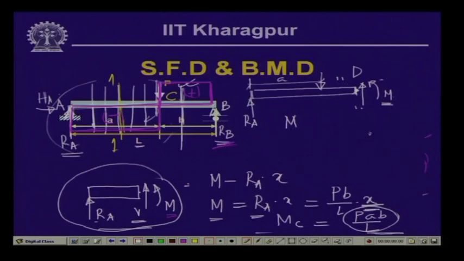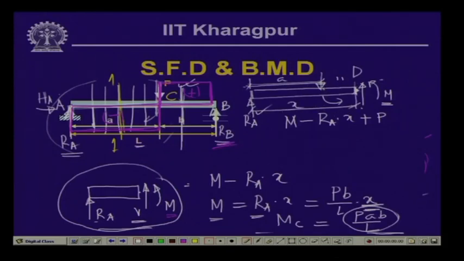is in the anticlockwise direction. Now, the R A is causing a moment which is in the clockwise direction. So, minus R A into x. Now, load P, which is acting at a distance of a, also is causing a moment which is in the anticlockwise direction. So, this is plus P. Now, the load is at a distance of a, and we have taken the section from here which is at a distance of x.